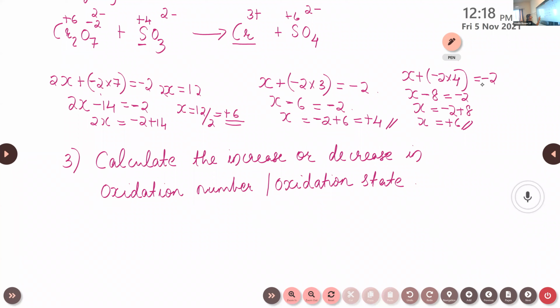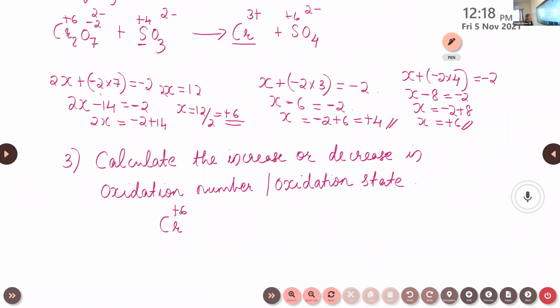So here calculate the increase or decrease in oxidation number or oxidation state. That's the third step. So you can check the chemical equation and tell me what happens to chromium, the reactant and product. In reactant, chromium, it is plus 6, right?